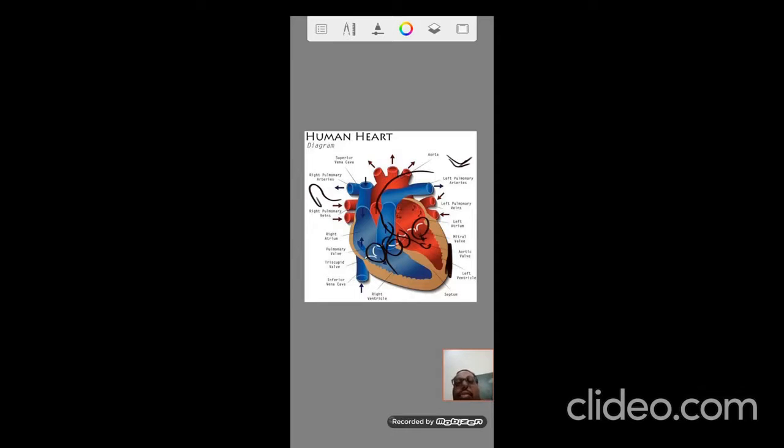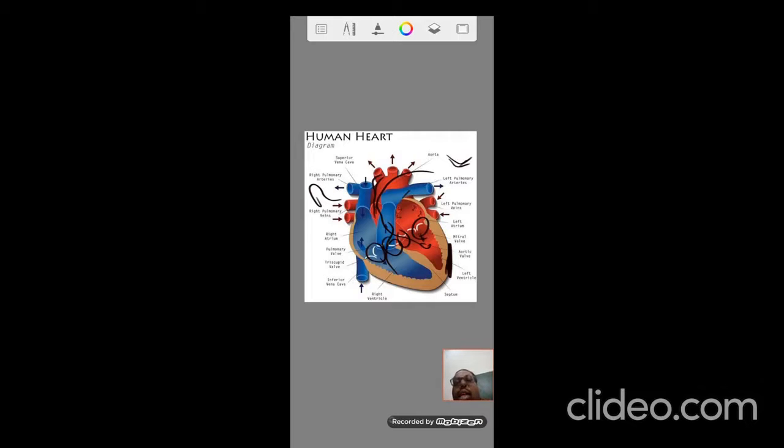That means there are some valves also connected, because inside the heart the pressure is very high whenever the heart is pumping. In order to maintain that pressure, there is a big valve, you can see here, and this valve is known as the aorta.